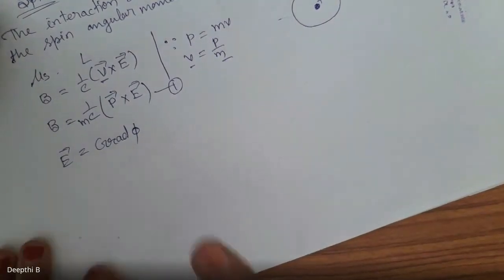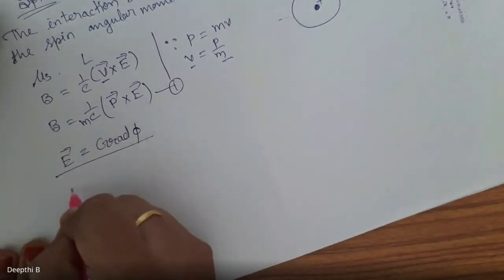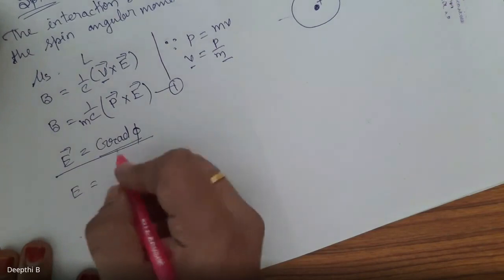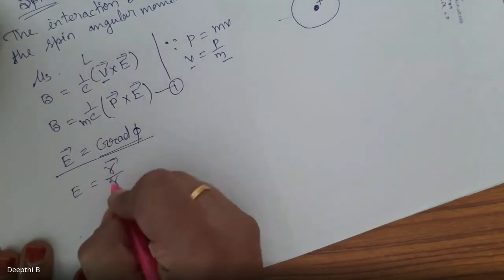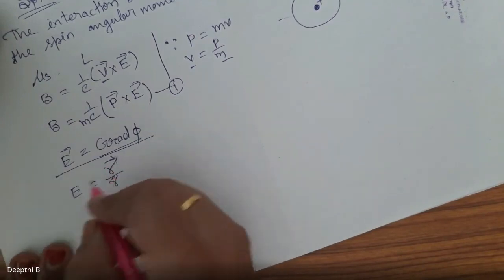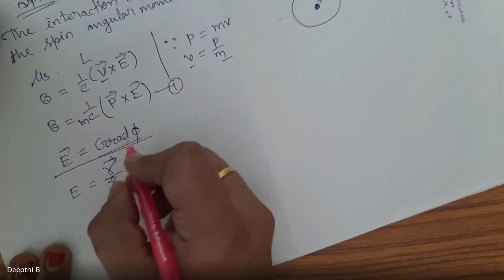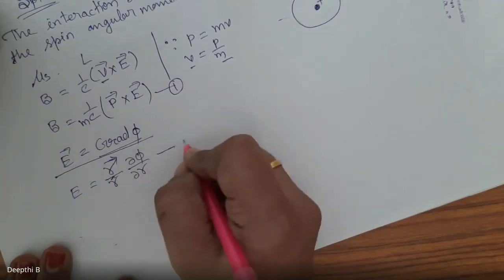In the hydrogen atom, the electric field is always equal to minus grad phi. So how can we write it? E is equal to r vector divided by r, into dou phi by dou r. It is equation 2.